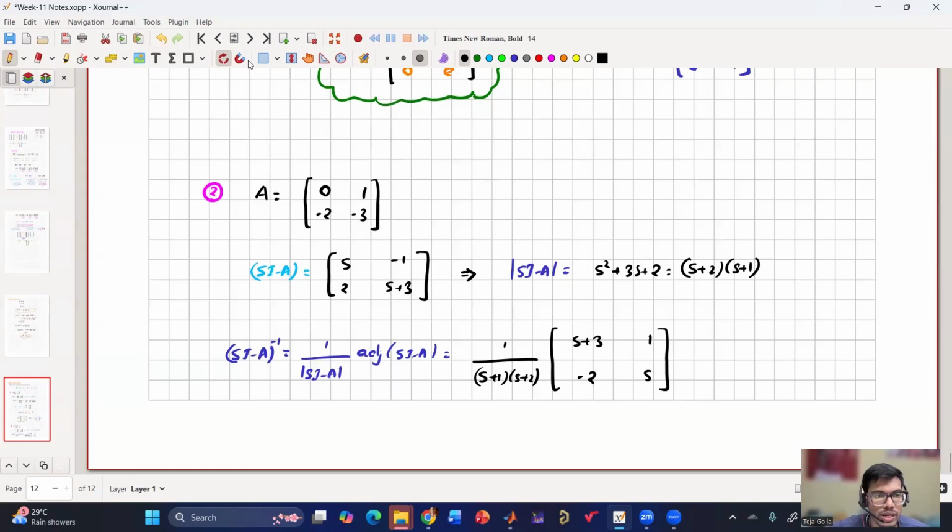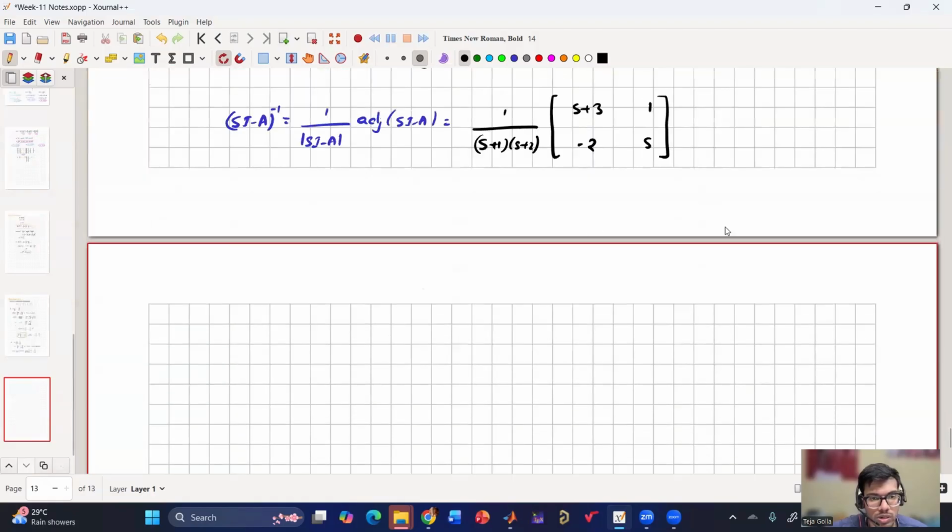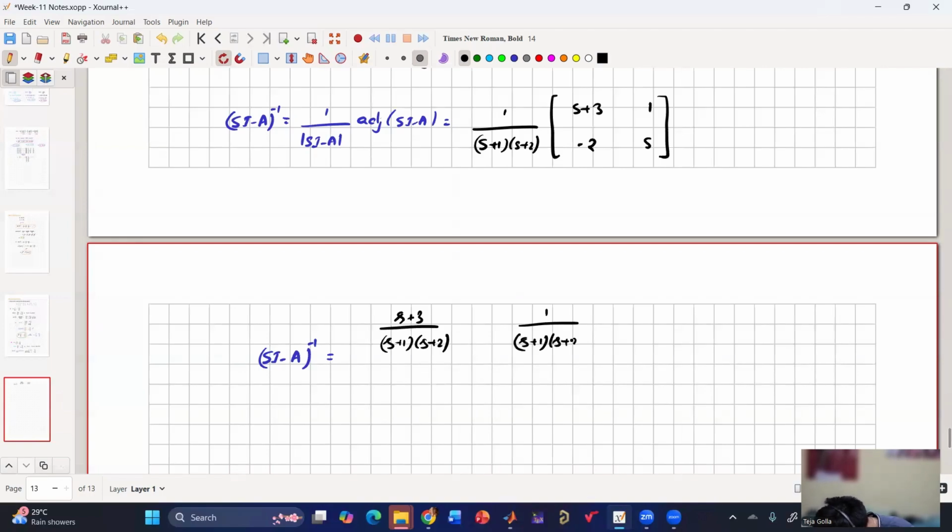So let me take it to the next page. If I calculate, now my (sI minus A) inverse is nothing but s plus 3 by (s plus 1) into (s plus 2), 1 by (s plus 1) into (s plus 2), minus 2 by (s plus 1) into (s plus 2).